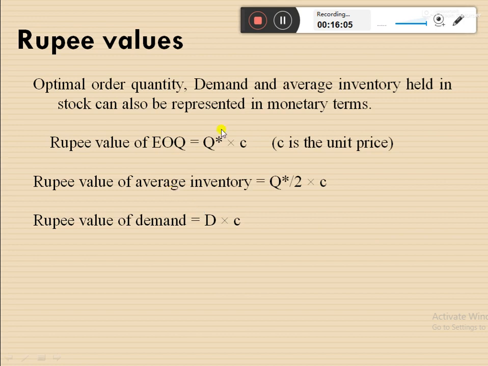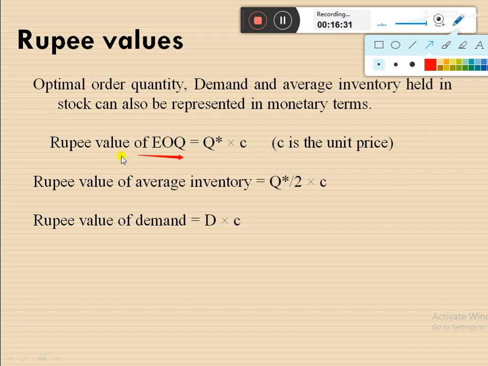In that case, the economic order quantity in terms of rupees can be represented as Q into C, where C is the unit price. Suppose Q is equal to 500 units and C is equal to 10 rupees per unit, in that case the economic order quantity would be equal to 500 into 10, that is equal to 5000 rupees.